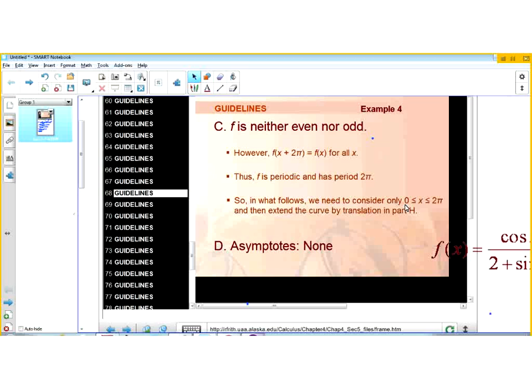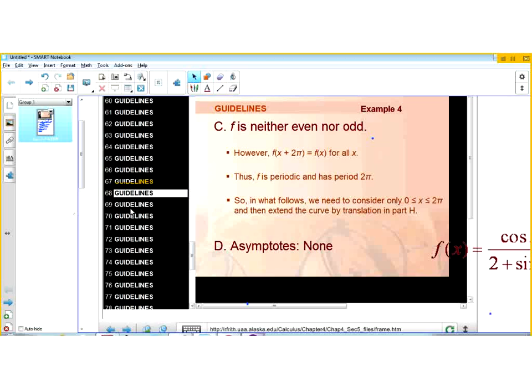Since the function is periodic, we only have to graph a portion of the graph on, say, 0 to 2 pi. And then we'll use a cookie cutter approach to graph the periodic extensions of this function. There are no asymptotes because the function exists everywhere, and it's impossible to find infinite limits for this function.